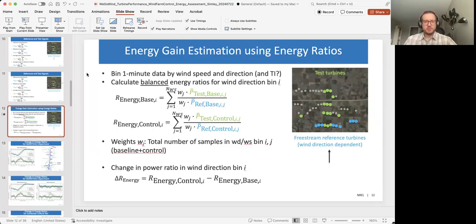Yeah, so the W sub j is just the weight that's applied to each wind speed bin when we're calculating the energy ratio. And we make sure that weight is the same for the baseline and control energy ratios, and that we're using the same weight for the test and reference turbines.